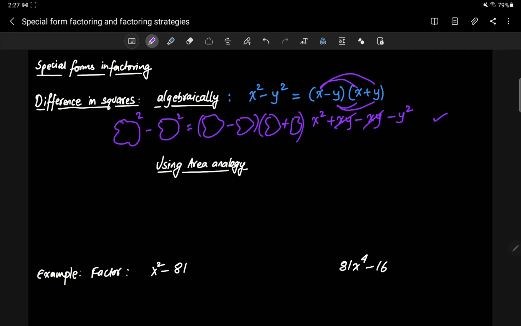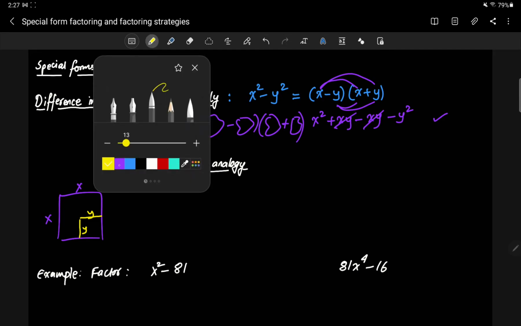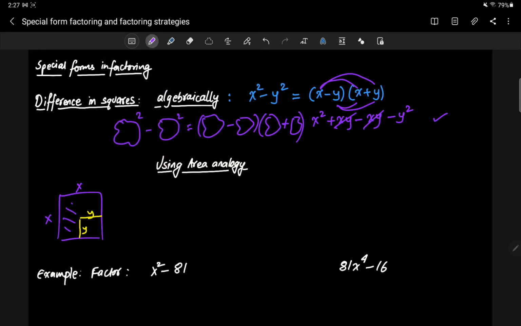Now let's look at it in terms of an area analogy. We are taking a square of side x, and from there we are subtracting a smaller square, say of side y. If I remove this yellow part, what I'm left with is this. So x squared minus y squared would be a shape that looks like that.